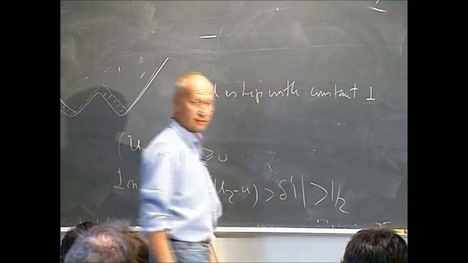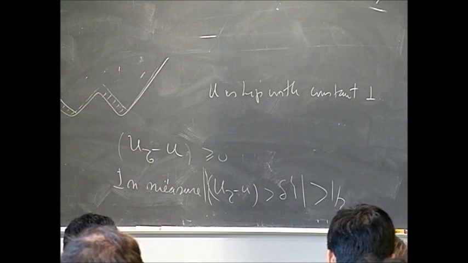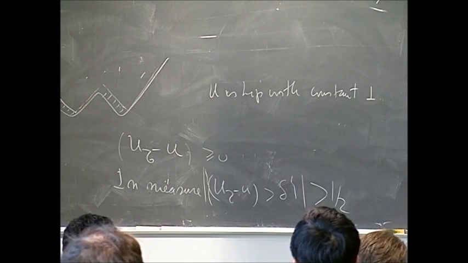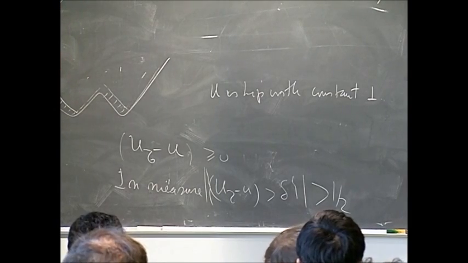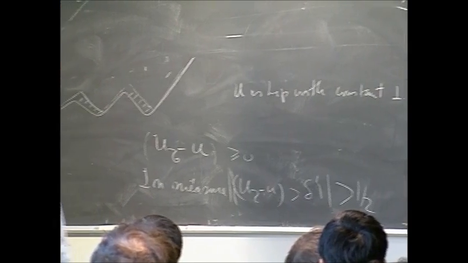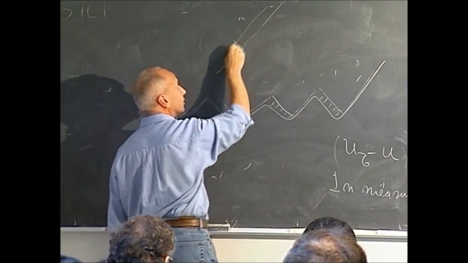Now, the critical case, in fact, is when the solution is exactly a plane. If the solution is exactly a plane, then if you translate into this direction, you don't separate at all. But in that case, you can translate in this direction and you separate a lot.